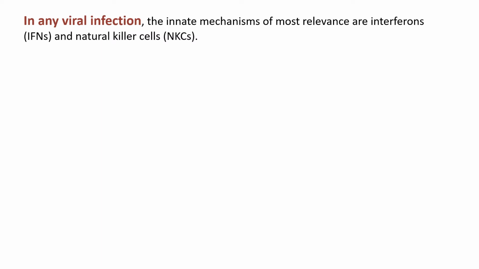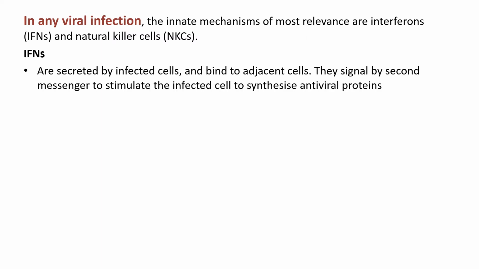In any viral infection, the innate mechanisms that we've talked about before that are most relevant are the interferons and natural killer cells. Interferons, if you remember, are secreted by infected cells, virally infected cells. The interferons then bind to adjacent cells.